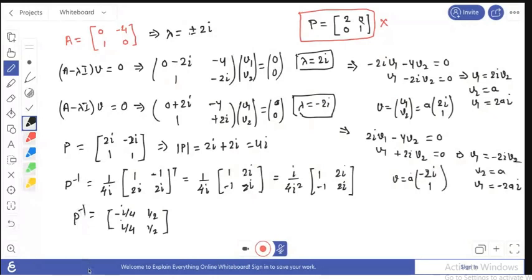Let us expand and write this: c1 square cos square 2x plus 4 times, that is 4 into 1 by 4, c1 square sine square 2x, plus the square term, 4 c2 square sine square 2x, and 4 times that means plus 4 c2 square cos square 2x.